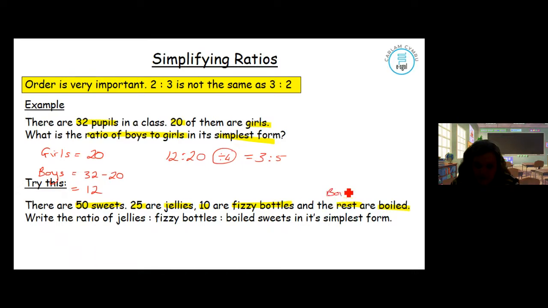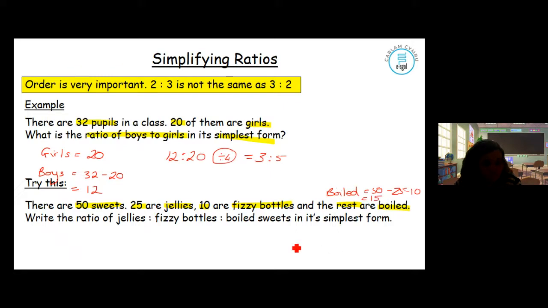I know I've got a total of 50, 25 are jelly and 10 are fizzy. So if I do my calculation of taking away, 50 take away 25, take away 10, that's the same as doing 50 take away 35. It means I've got 15 boiled sweets.